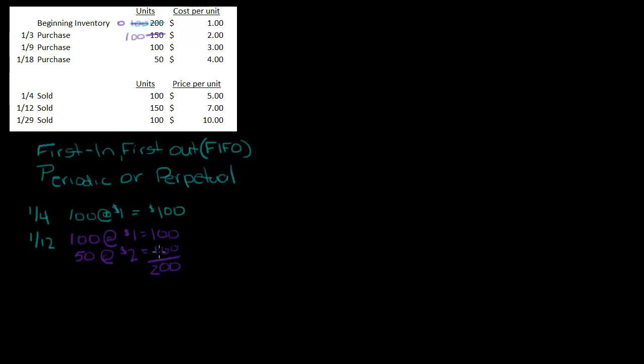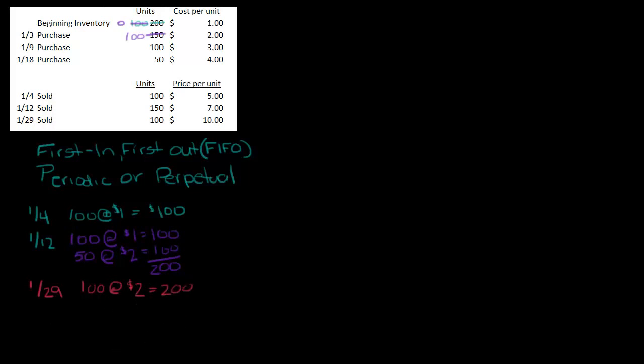Okay. So now let's go to the 29th, and I'll use a different color for the 29th. On 1/29, we sold 100 units. I've got 100 units left from the purchase on 1/3. So I've got 100 units at $2, and that equals 200.